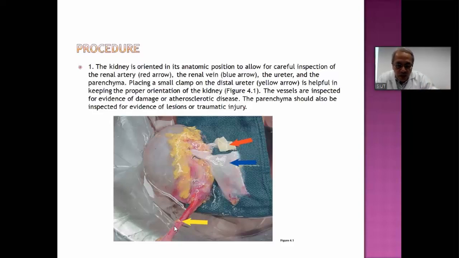What you can have is a piece of inferior vena cava. If you want to take the kidney on the right side, then you place your clamp directly on the inferior vena cava, because a vein is easier to handle by means of anastomosis. For instance, if you want to repair the vein, it will be easier done as compared to the aorta, which is very difficult to repair.